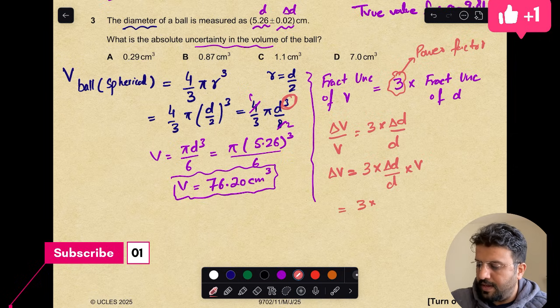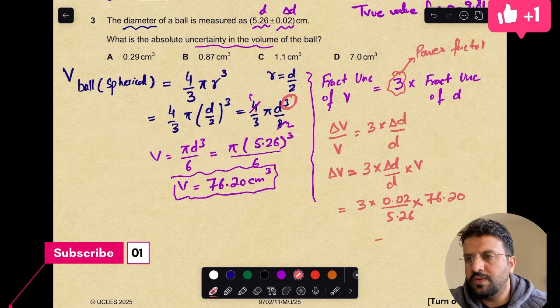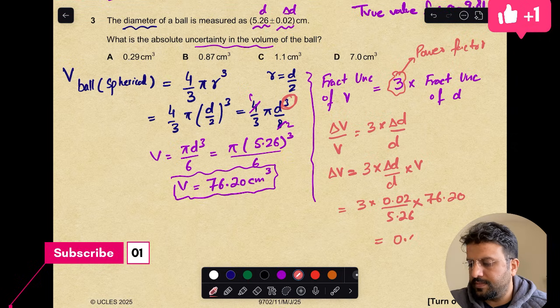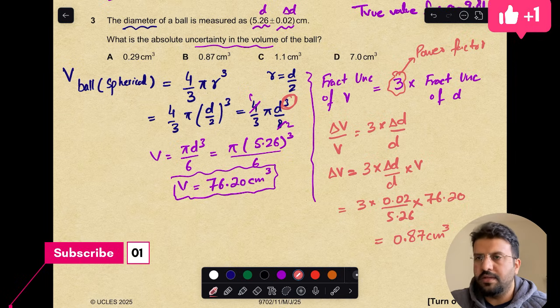Now just put in the values: 3 into delta D is 0.02, D is 5.26, and V we have calculated is 76.2. When you do the calculation, you will get 0.87 centimeter cubed.